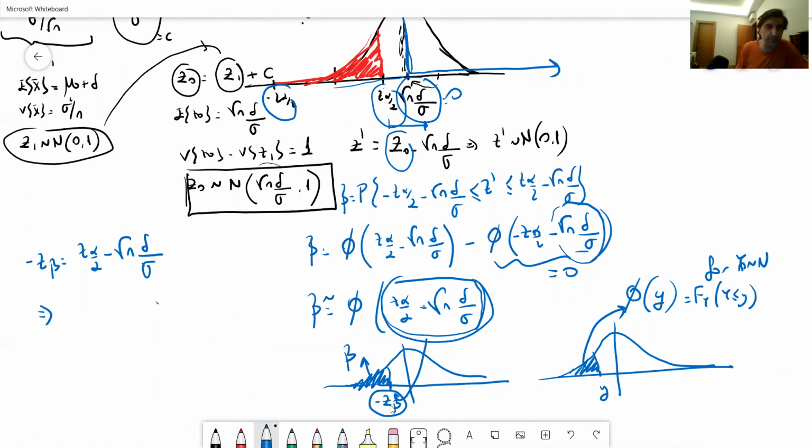So square root of n delta over standard deviation is going to be z alpha over 2 plus z beta. And let's go one step further. This is z alpha over 2 plus z beta. I'm going to divide this by this term.